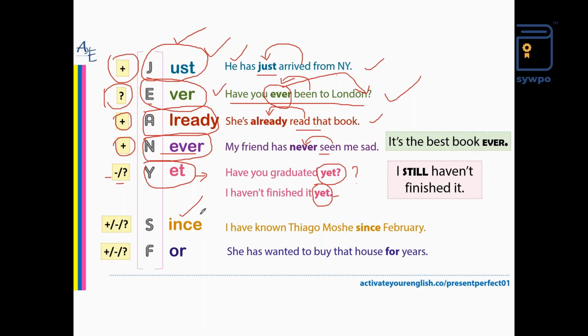Next we have since and for. Since will give you the idea of when an action has started, but it's not finished. It's continuous. Okay? But for is giving you the idea that time has started at one point and it has finished at another point. For example, 8 o'clock and 10 o'clock. How long was the time?